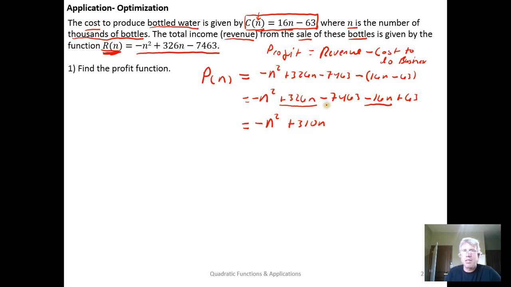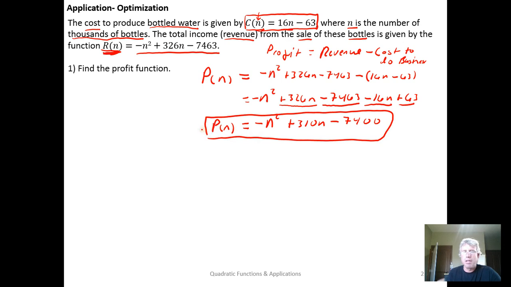And then we have to take the minus 7463 and add 63 to that. And if we do that, we're going to get minus 7400. So this is our profit model, the model that tells us how much money we expect to make if we know the number of bottles that we've sold.